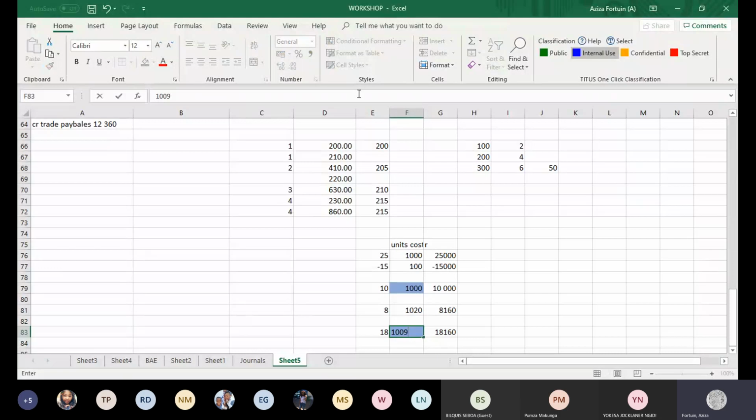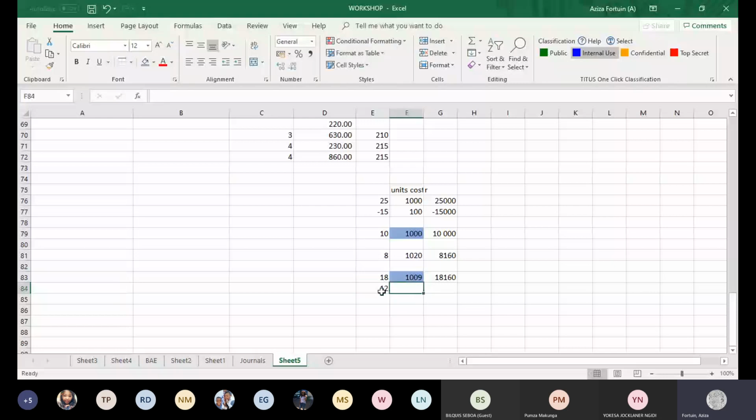Right. So the next day you go and purchase 12 again. Okay. We purchased 12. Right. And our unit cost was 1030. Right. So 12 times 1030 is 12,360. We're going to add our 18 plus our 12,360, and you're going to get an amount of 30,520.